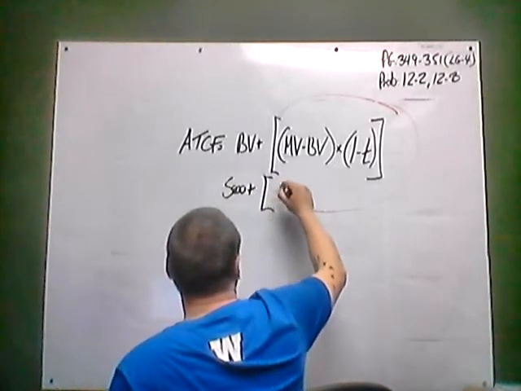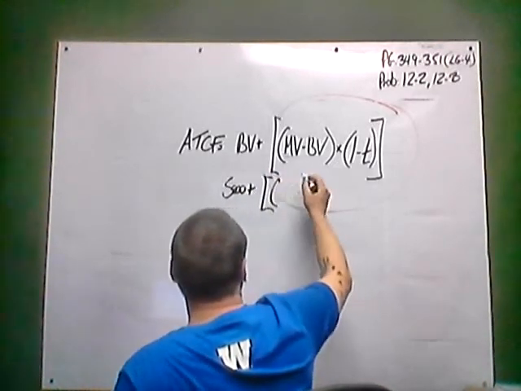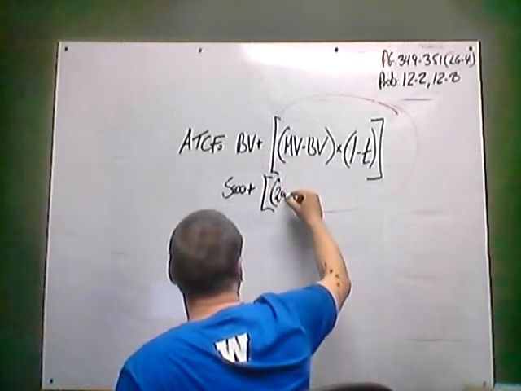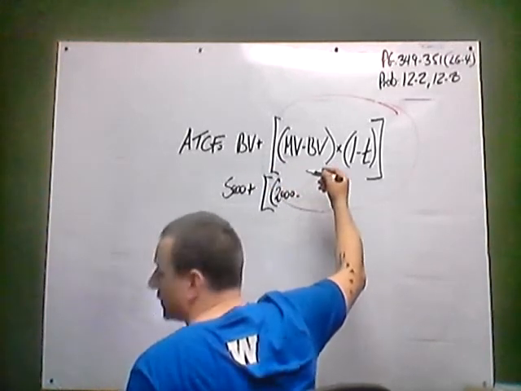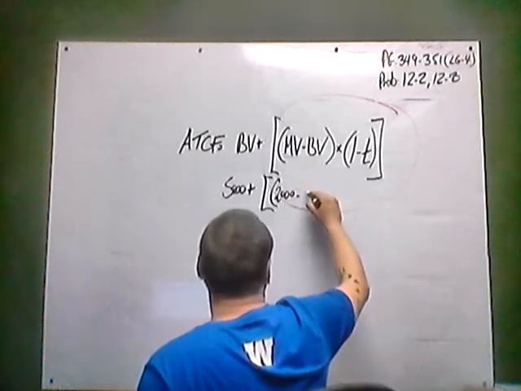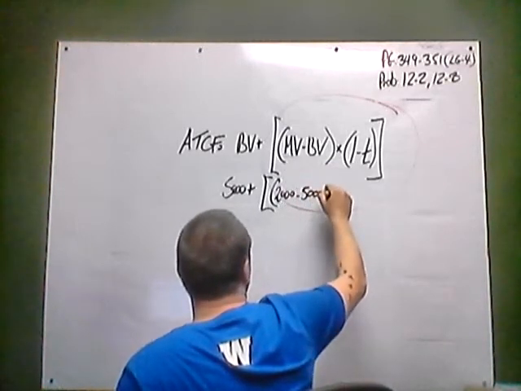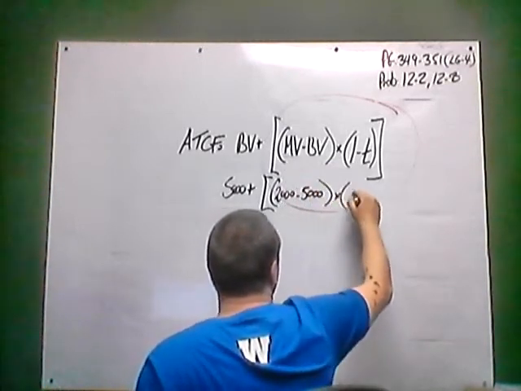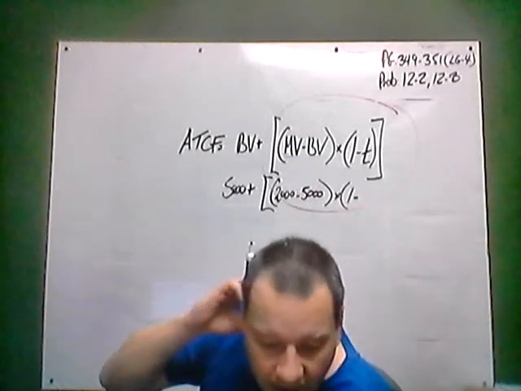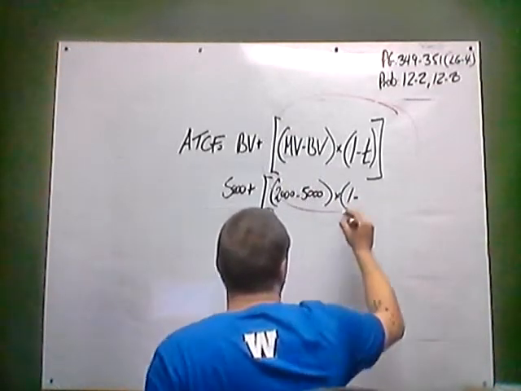Now, we've got to figure out what's in the bracket first. Our market value is $2,000. Why is market value $2,000? Because ultimately that's what we sold it for. Then 1 minus the tax rate, and in this case the tax rate is 0.34.